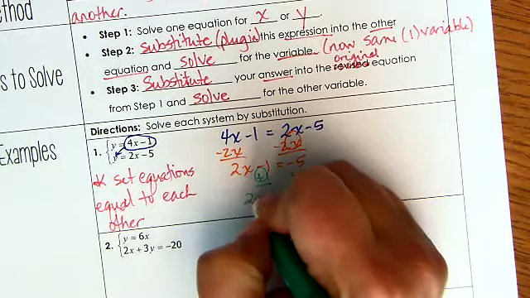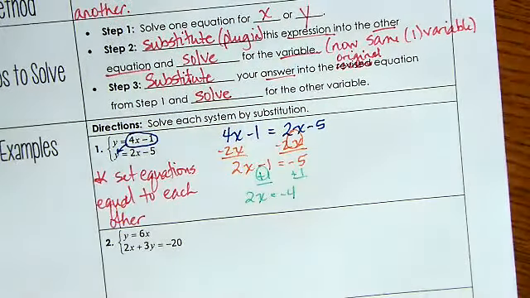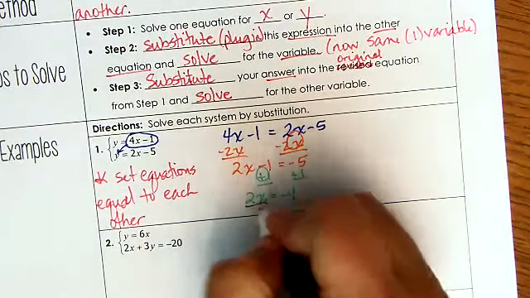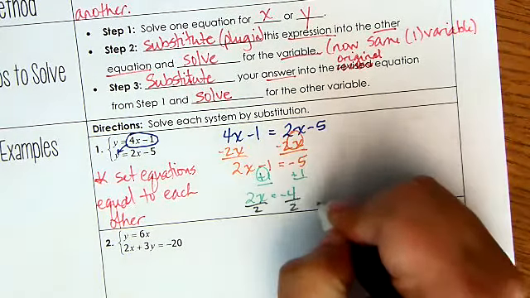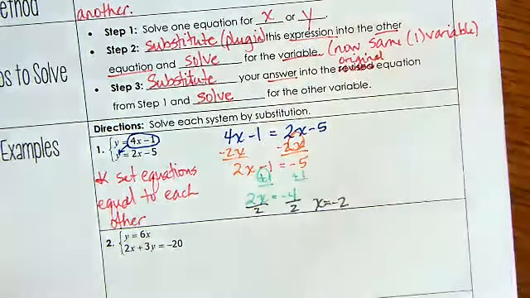That zeroes out, and we have 2x equals negative 4. Divide by 2, and we get x equals negative 2. So this was step 1. This is the start of step 2.